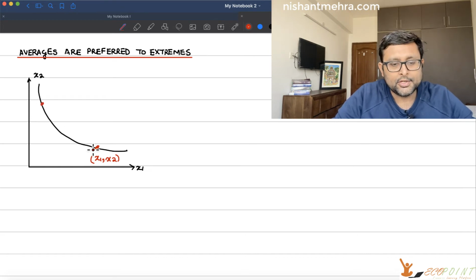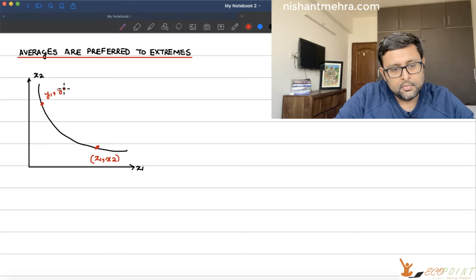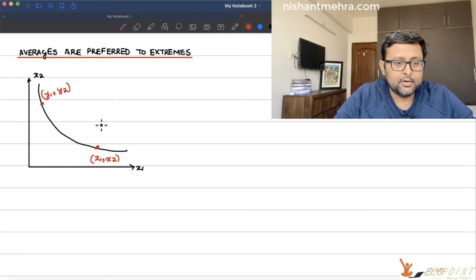Although this is technically wrong, because I am drawing in x1, x2 space I should be writing x11, x21, x12, x22 and so on, but it would be too much effort. So you can just write y1, y2. Now both of these bundles are on the indifference curve, so both of them give you the same utility.